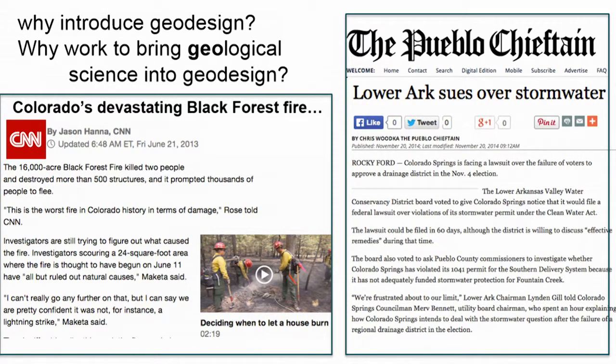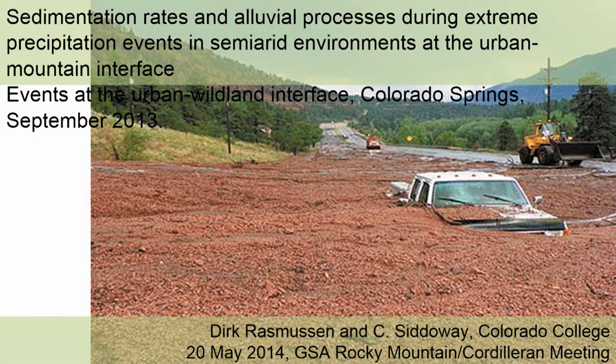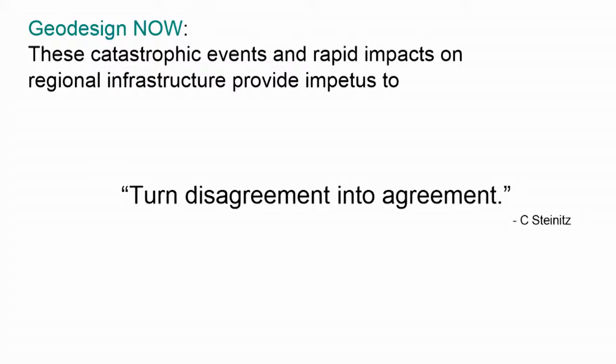Those two systems combine to create tremendous geological, urban planning, and infrastructure challenges of the sort you see illustrated in this diagram, events that we expect to continue not only in Colorado Springs, but throughout the Front Range.